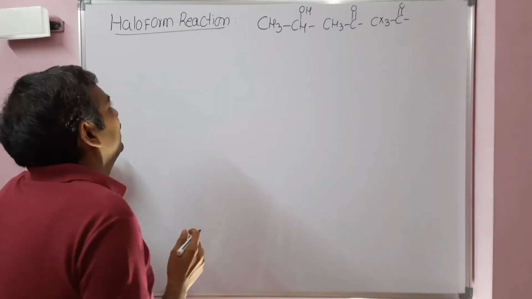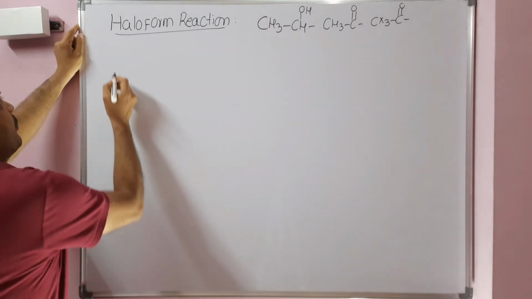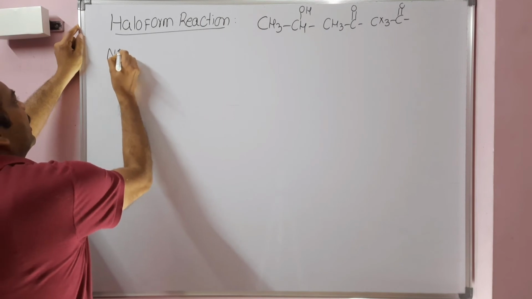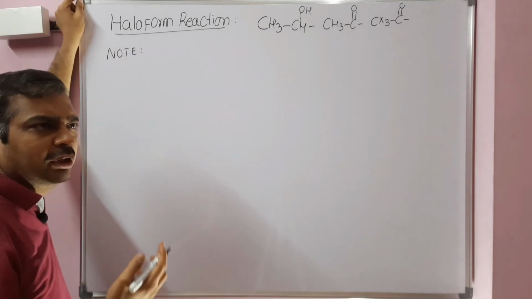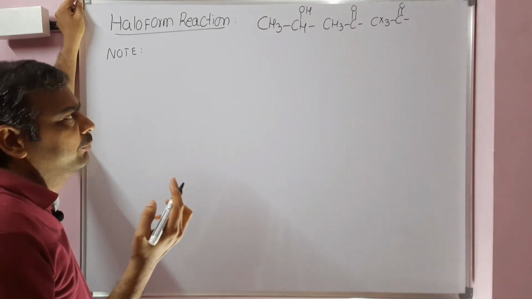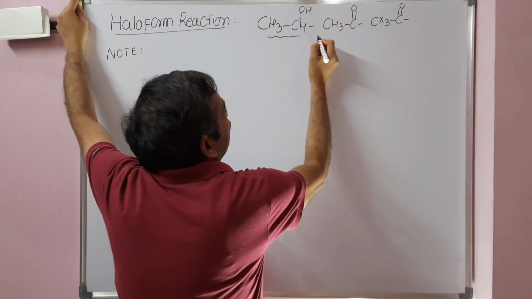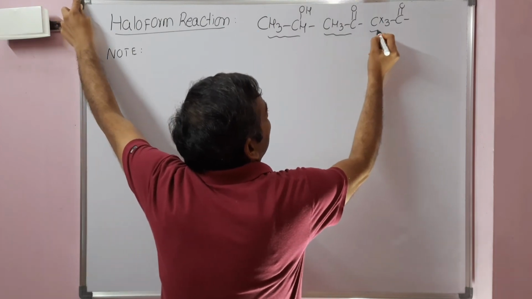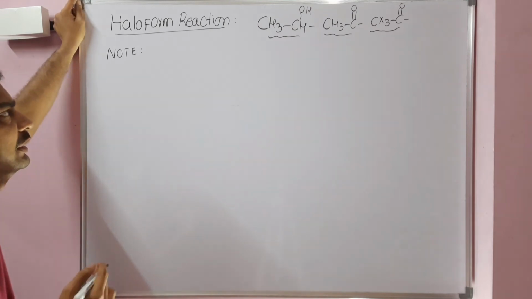Clear? Haloform reaction, we will write one important note. Haloform reaction is used to prepare either chloroform, bromoform or iodoform. Compounds which contain CH3CHOH group or CH3CO group will undergo haloform reactions.